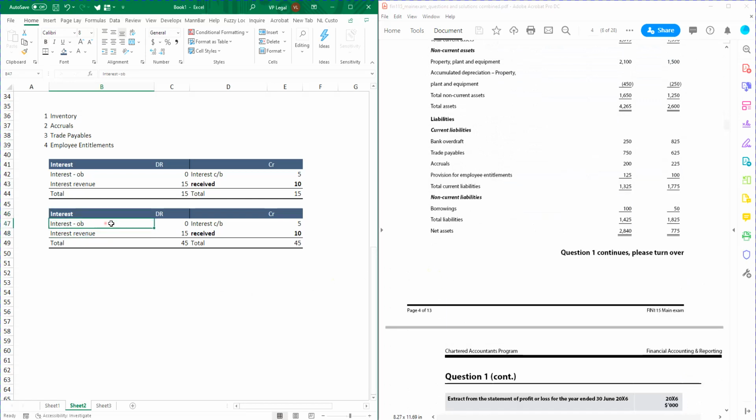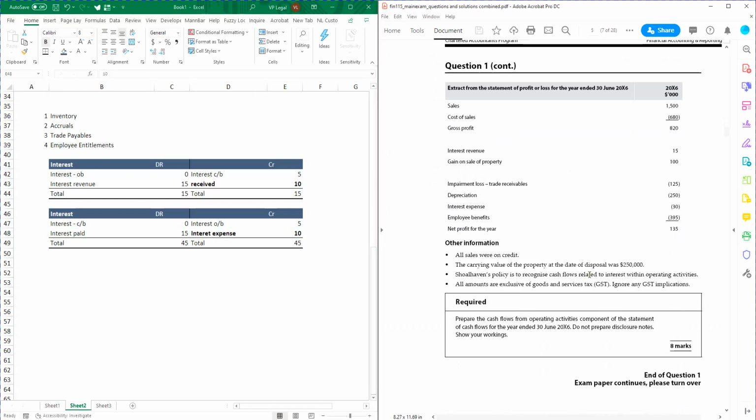So again, same approach, but this time we're going to do it from interest payable, which means we're going to reverse our opening and closing, and then our interest expense and interest paid. Okay, so our interest expense is 30.